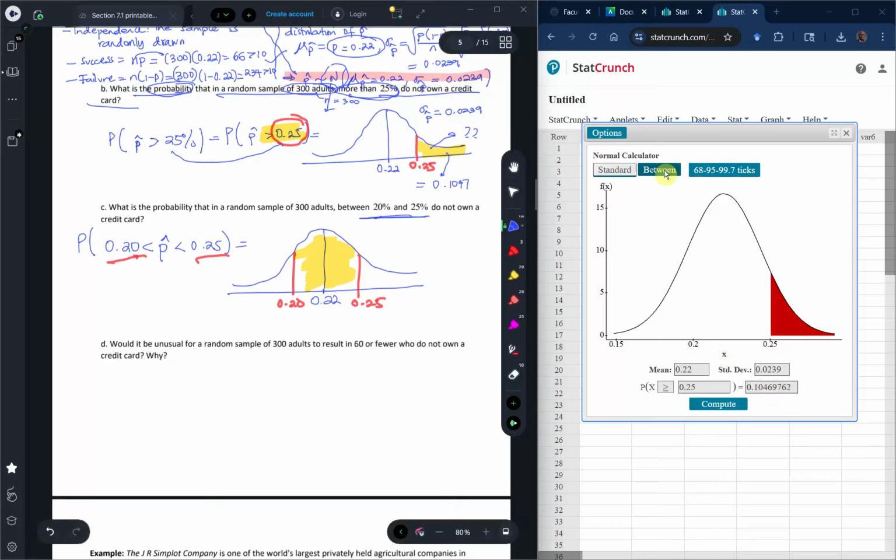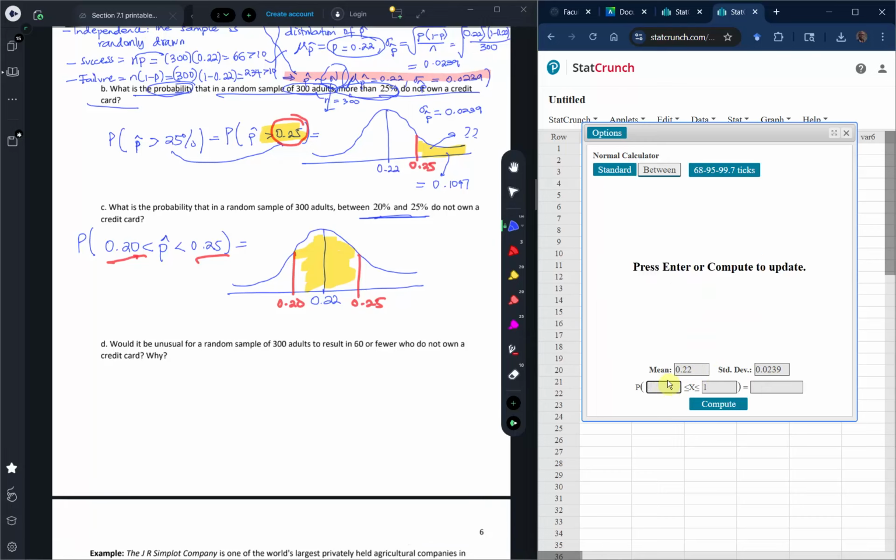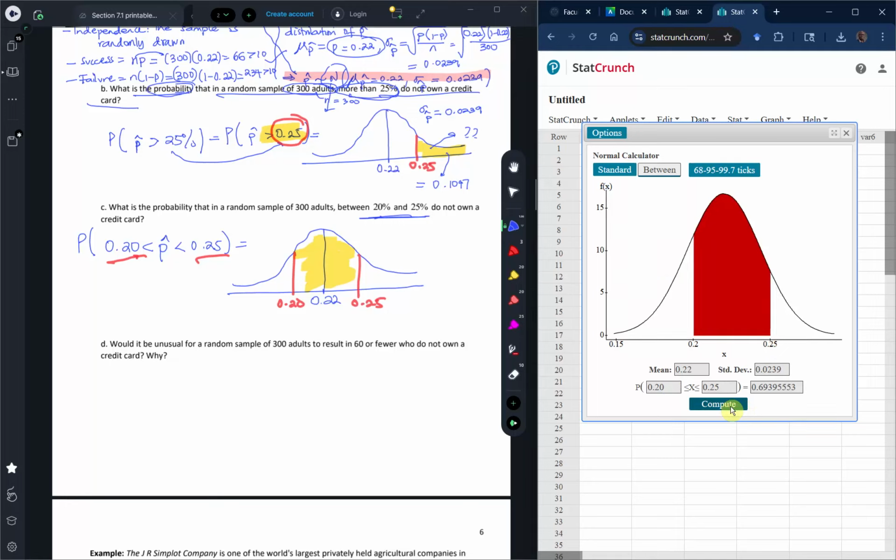That would necessitate going into StatCrunch and clicking on Between. We want to keep the parameters we already have for the distribution, 0.22 and 0.0239 for the mean and standard deviation respectively, and change the endpoints to 0.20 and 0.25 and compute the required probability. That will give us a final answer of 0.6940 to 4 decimal places.